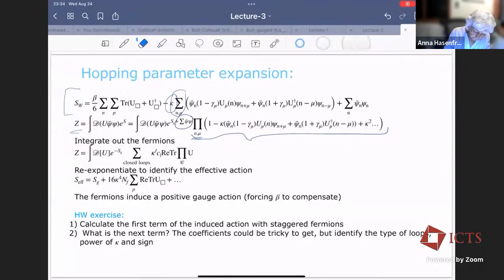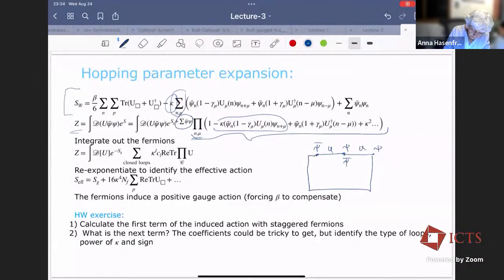If I have a term from this hopping parameter expansion that has a psi bar U psi hopping around, I have to put another psi bar here, otherwise the fermion integral will be 0, and of course it will have a U term to it and another psi, and the only way to close this is to form a closed loop going around with the hopping term psi and psi bar.